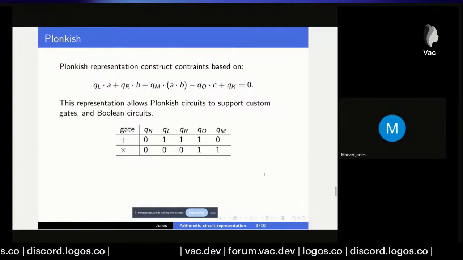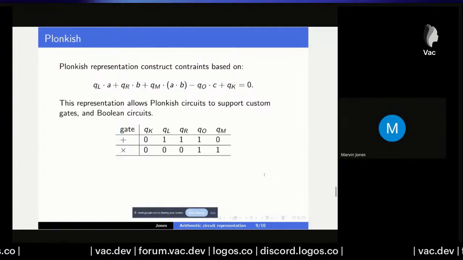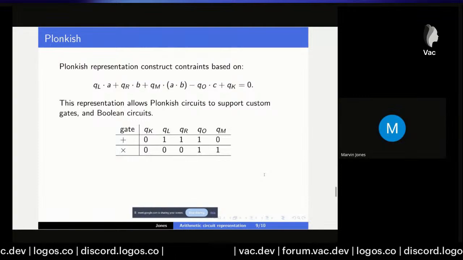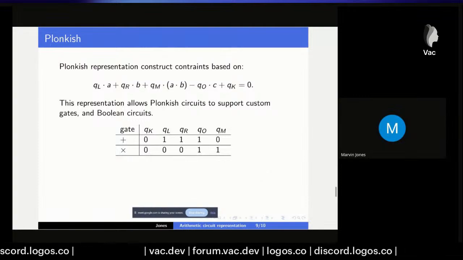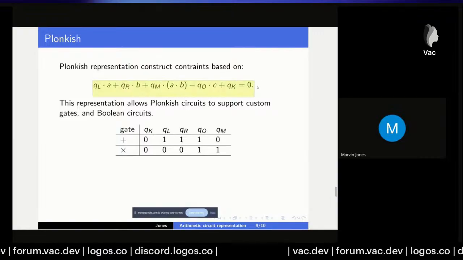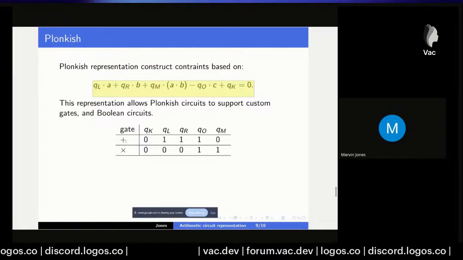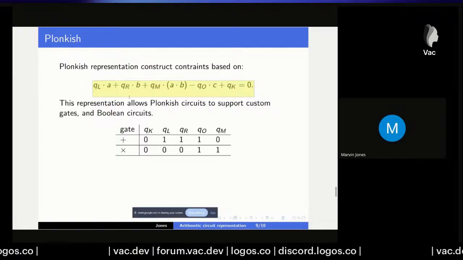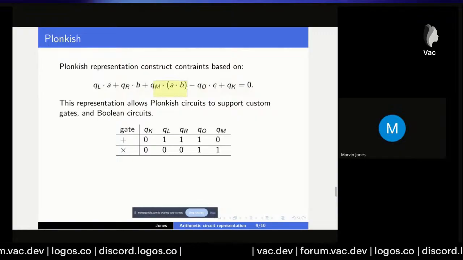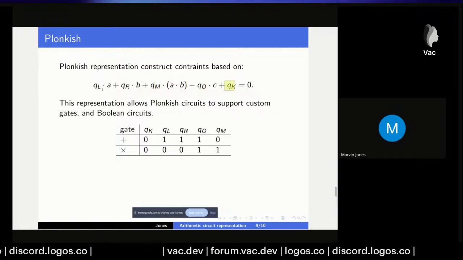Anyway, so the Plonk representation, what it does is each gate is represented individually, and it's represented by this type of equation. And if you look at it, as I've written down here, we can see addition gates. All I need to do is ignore this portion and this portion, and I have an addition gate.